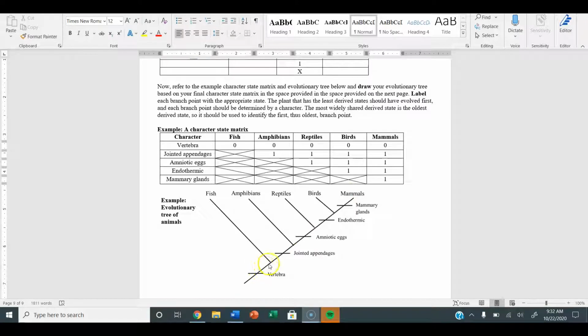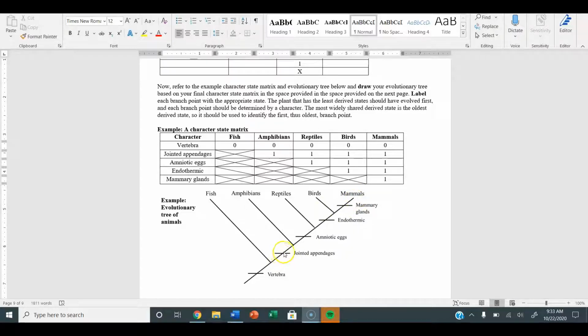Now what happens in evolution is a group of those organisms were able to evolve and develop jointed appendages. Those that didn't evolve jointed appendages are in the group that we call the fish. So the fish branched off, other organisms went this way and evolved to develop jointed appendages. So that means every group of organisms from here on up has jointed appendages.